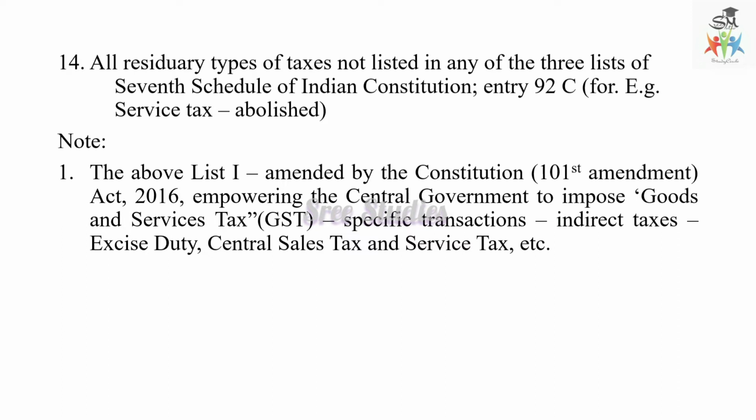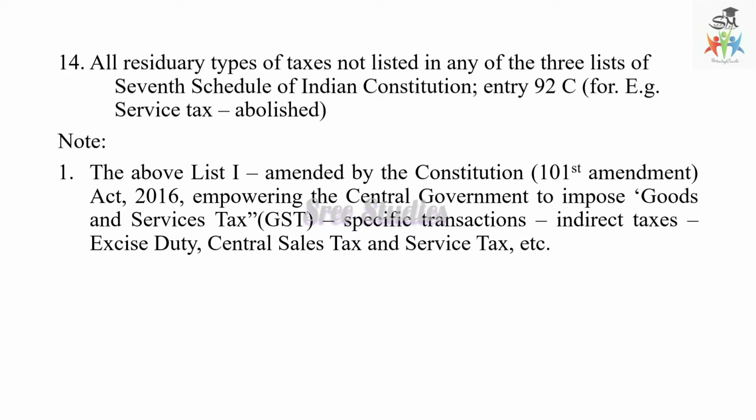And we have to note that this List 1 has been amended by the Constitution 101st Amendment Act 2016, empowering the central government to impose goods and services tax, GST, particularly on specific transactions. We call it indirect taxes.